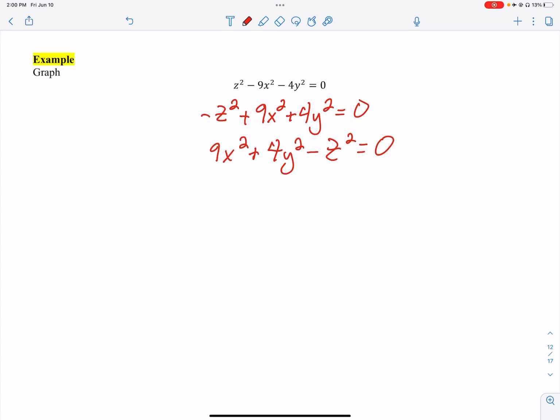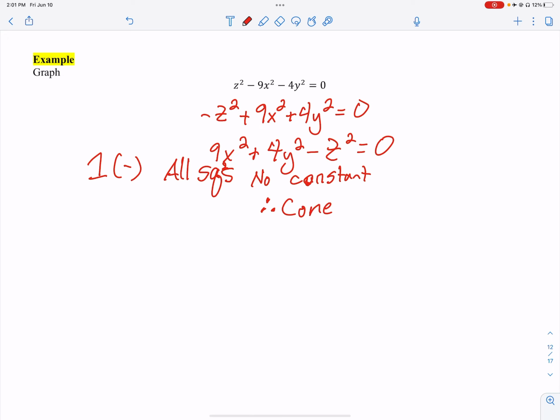That puts it in a form that we're much more used to seeing. To show that it is a cone, we have one negative, all squares, and then no constant, constant 0. That tells me that this is a cone. Now I'd like to put it in standard form, but I don't want to divide by 0 this time.